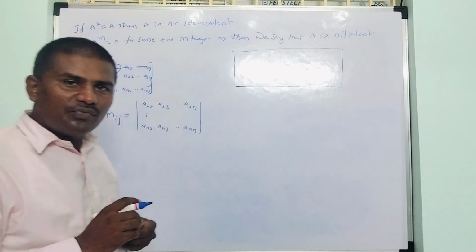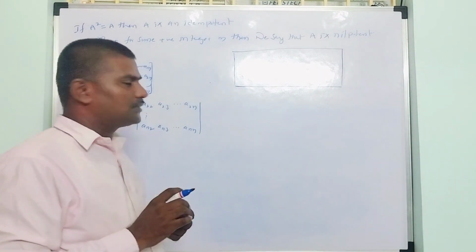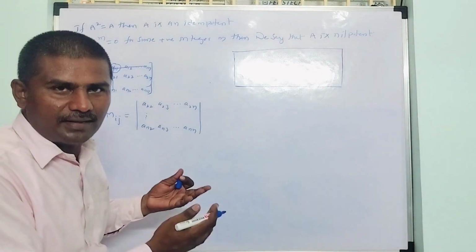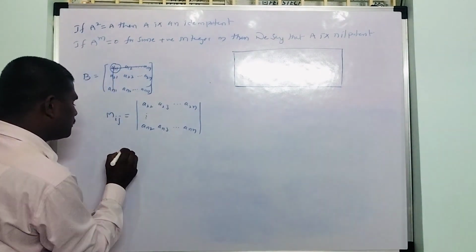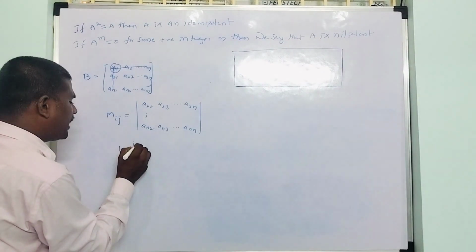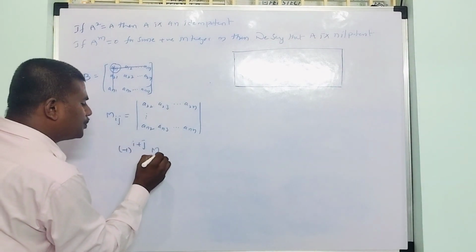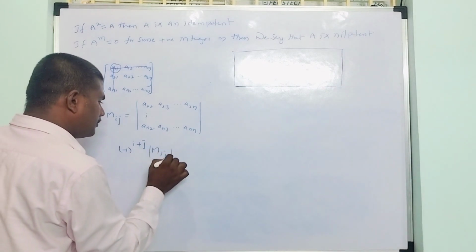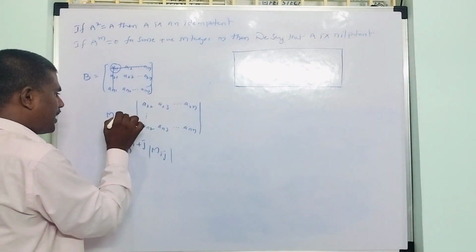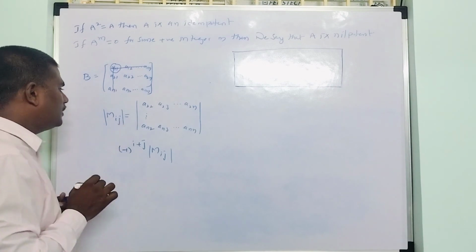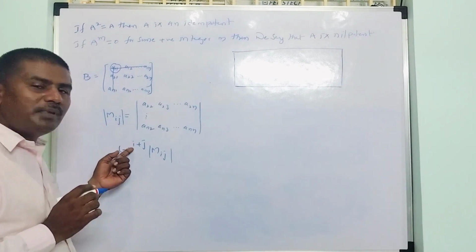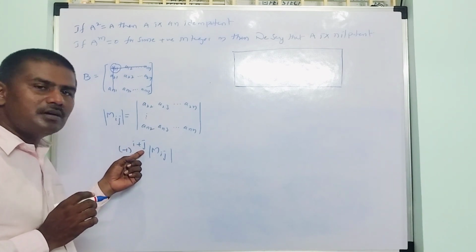Now, coming to the definition of cofactor of a matrix. Simply, it is the signed minor, that means minus 1 to the power of i plus j into the determinant of Mij. I means row, j means column.